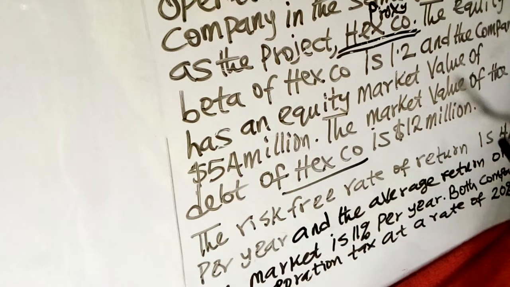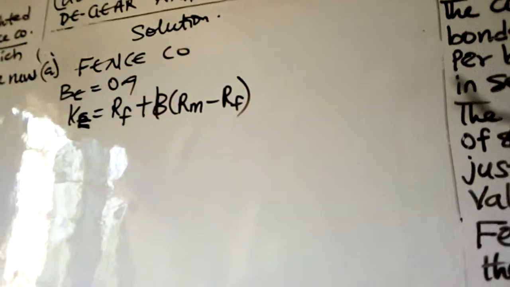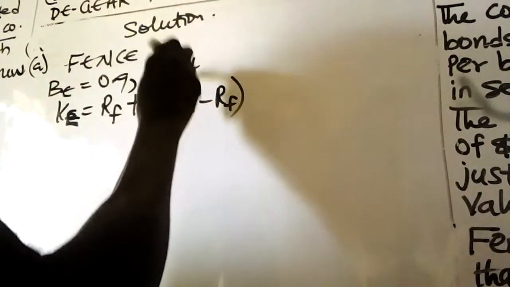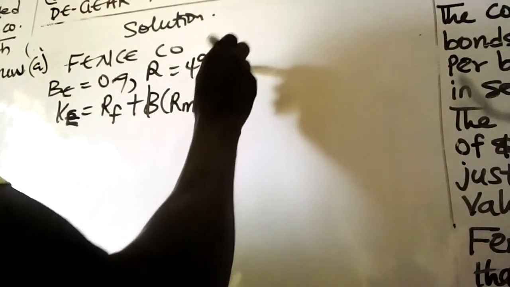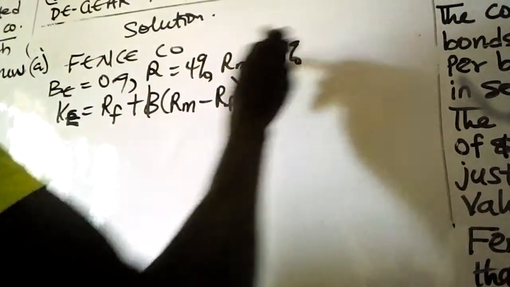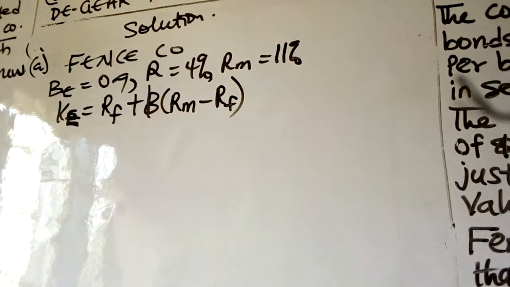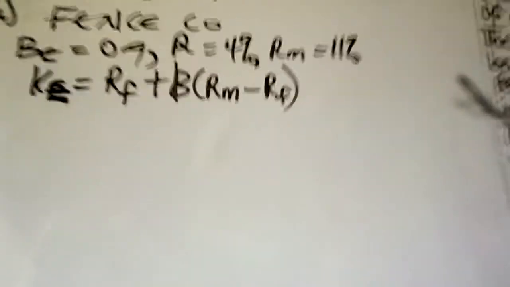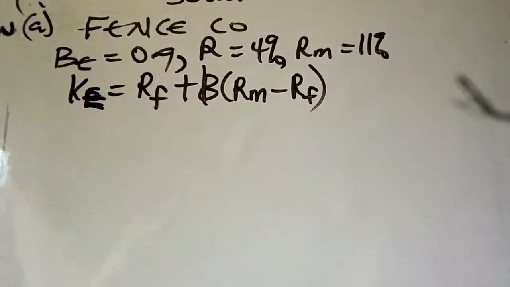You are given the risk-free rate of return is 4% per year. That means our RF is 4%, and the average returns on the market is 11%. So RF is 4%, while RM is 11%. You can substitute into our capital asset pricing model formula in order to obtain the cost of equity.